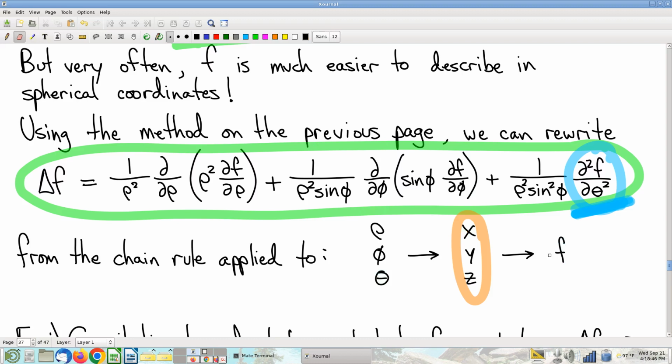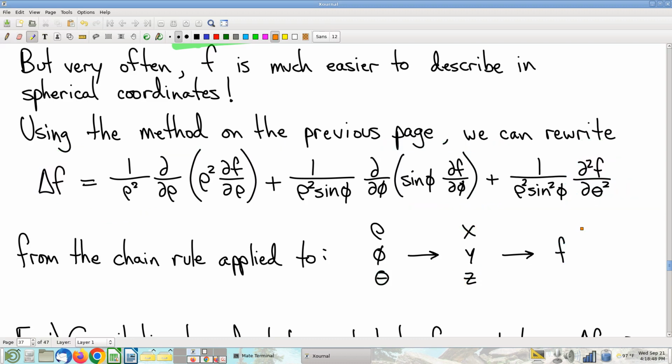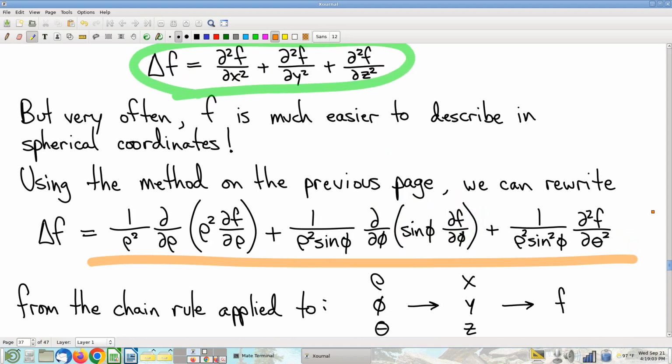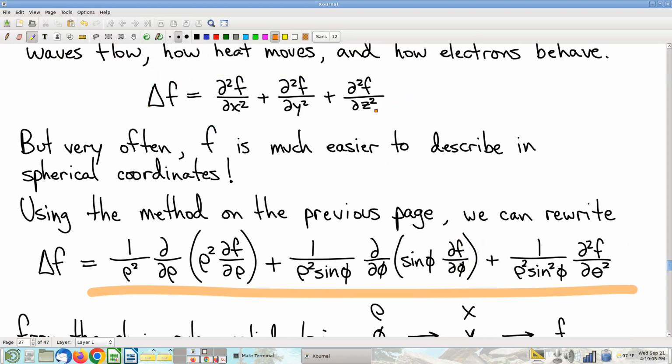And you can then also compute the phi partial, which you then multiply by sine phi. And then you can take the phi partial of that, et cetera, et cetera. You can compute all of these things, and when you combine them like this, believe it or not, and again, it is quite tedious, you get the rectangular Laplacian.